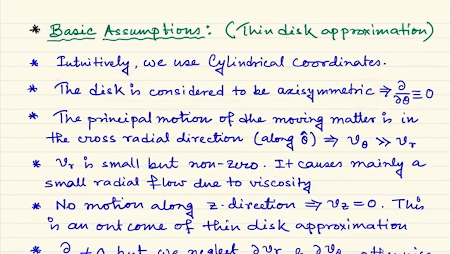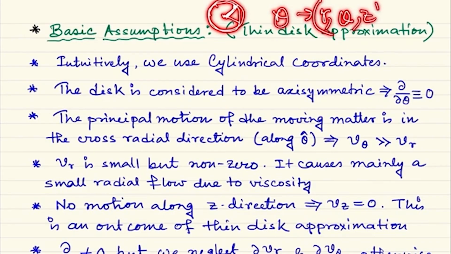Not only is the disk disk-shaped, but in the plane of the disk, if you fix your radius from the center, then everything will be the same. The coordinates of this cylindrical coordinate system are r, theta, and z; in some literature theta is called phi.